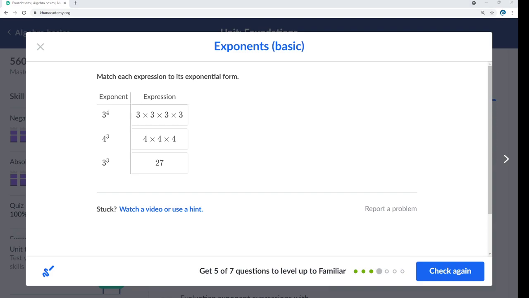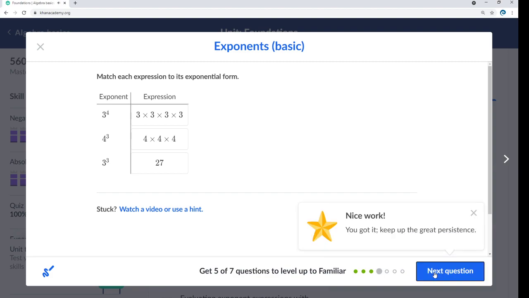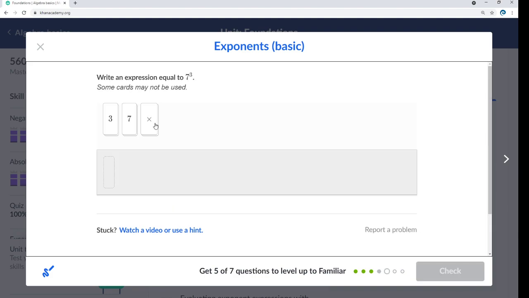This is kind of throwing me off a little bit. Yeah, it's 4 to the 3rd power, it's 3 to the 4th power. I don't know why this 27 is here. Well, I guess it's because it's the result. Right, 3 times 3 is 6 times 3. I don't know. I have no idea. I got it right. Let's go with that.